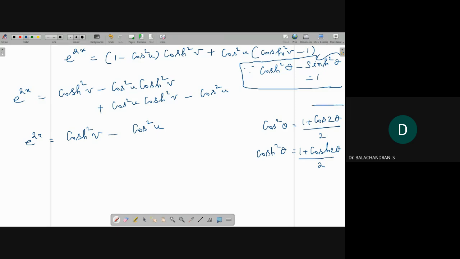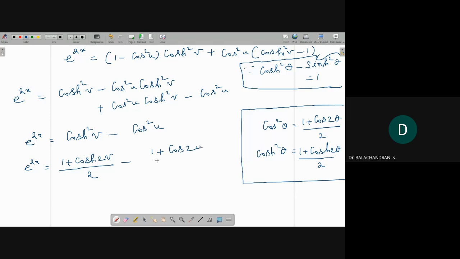You should be familiar with these types of formulas, especially for hyperbolic functions. So e power 2x equals 1 plus cos h 2v divided by 2 minus 1 plus cos 2u divided by 2.